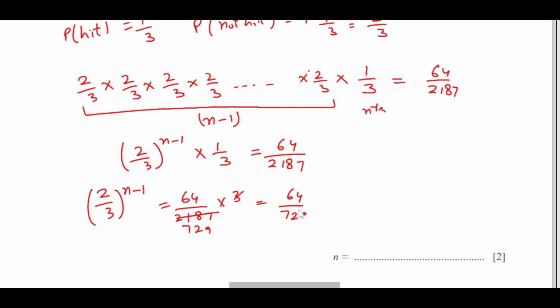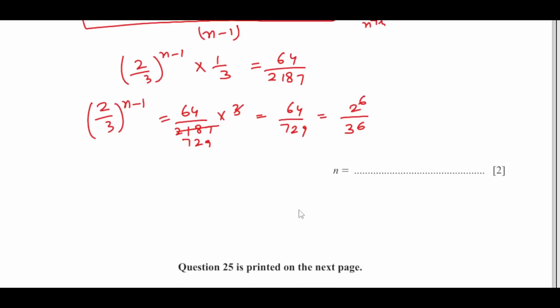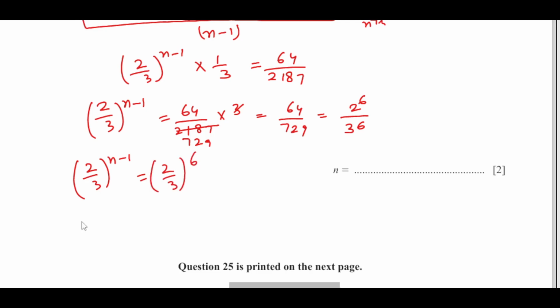As you can see, this can be written as 2 to the 6 over 3 to the 6, right? 2 to the 6 is 64, 3 to the 6 is 729. So 2/3 power n minus 1 equals 2/3 power 6. The base is the same, so n minus 1 is equal to 6 and n will be 7, right? So n is 7, the final answer.